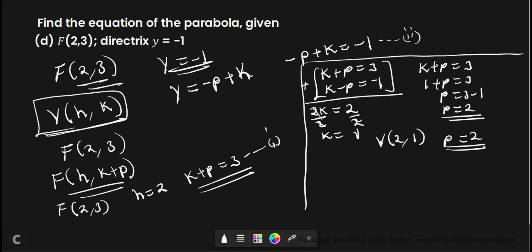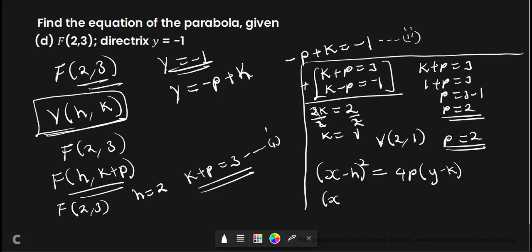We start with x minus h squared equal to 4p, then y minus k, like that, right?